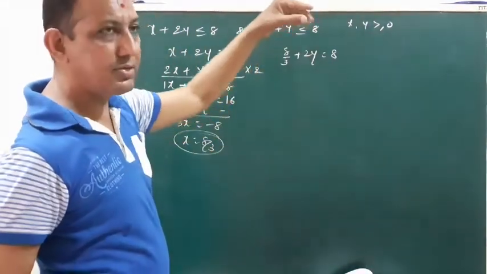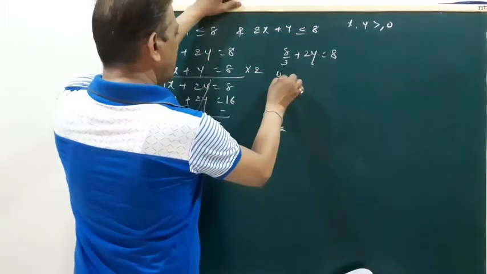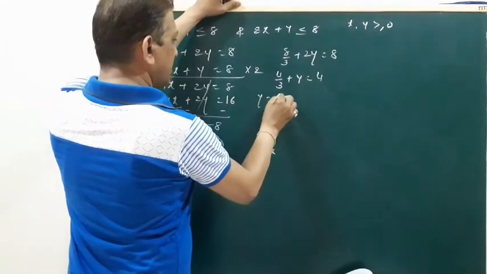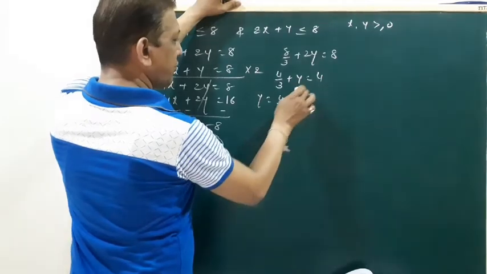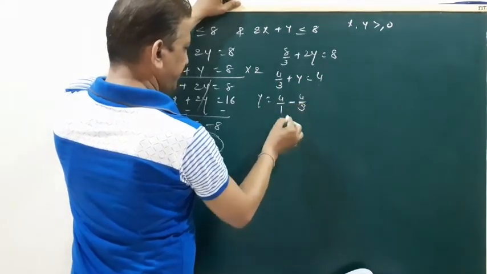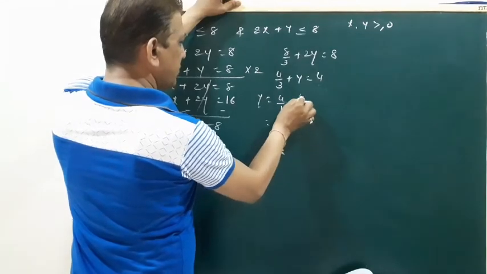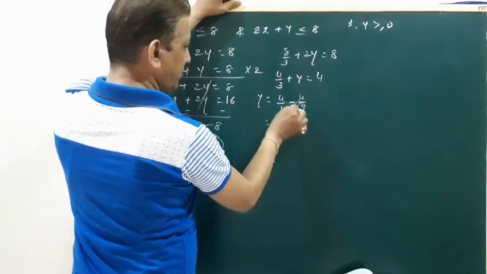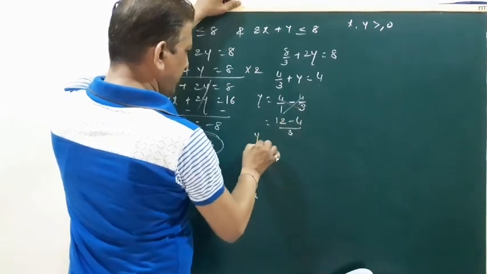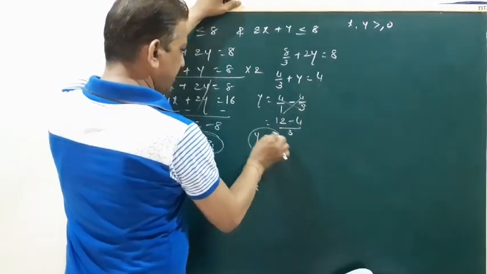Now divide the whole equation by 2. So 4/3 plus y equal to 4. So y equal to 4 minus 4/3. 4 threes are 12, 12 minus 4 by 3, so y is also 8/3.